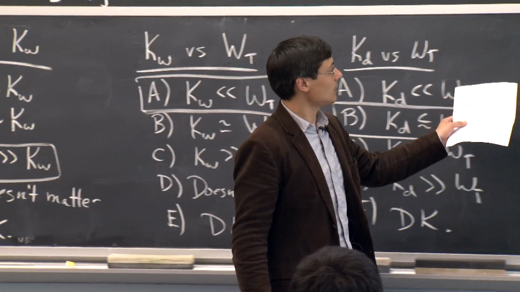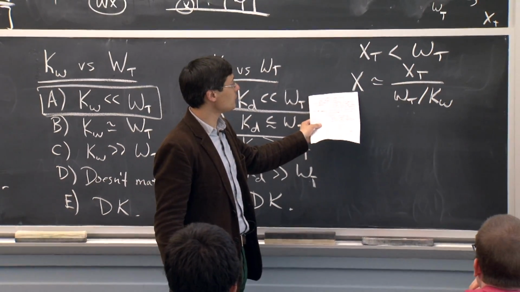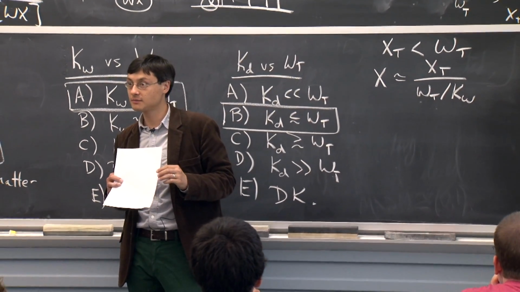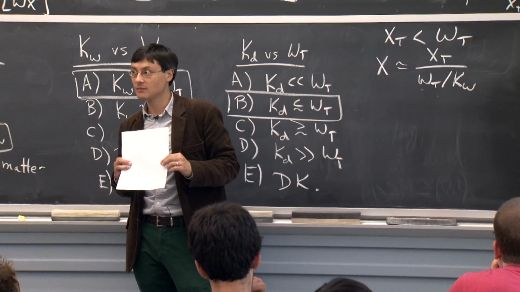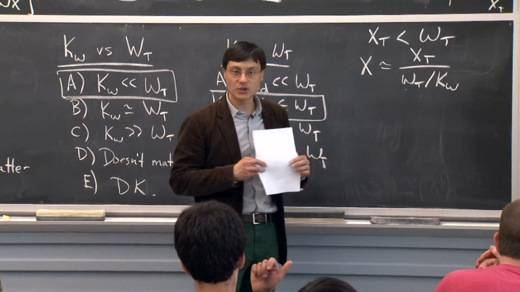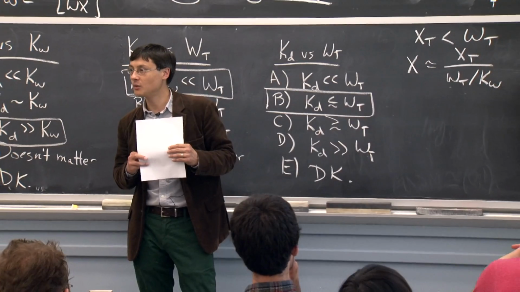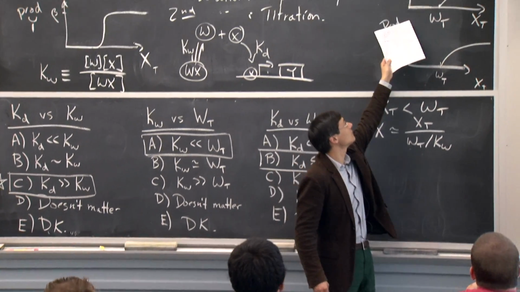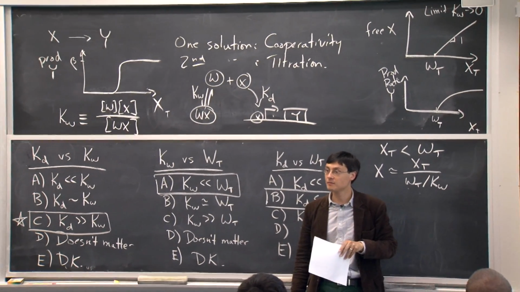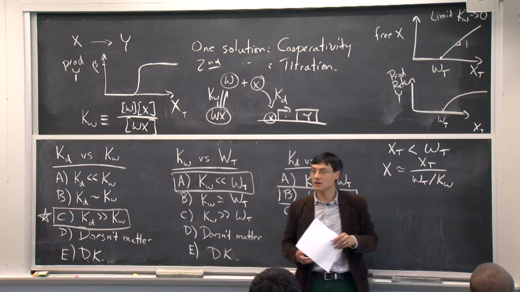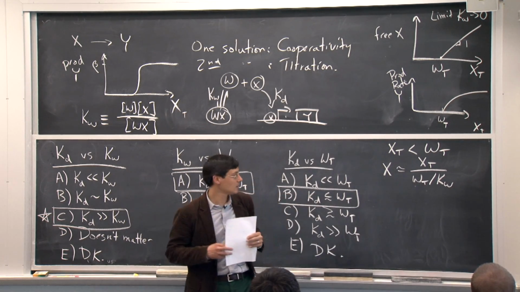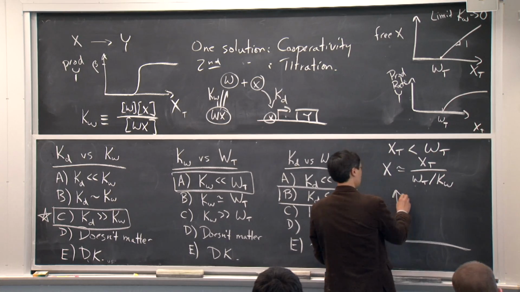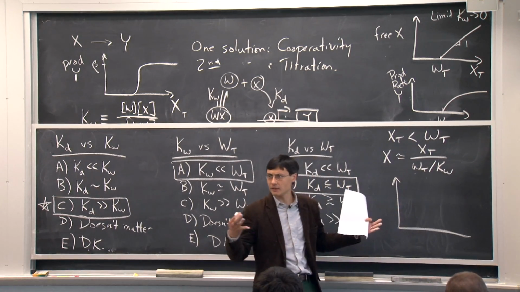All right, so incidentally, if you plot free X as a function of XT on a log scale, the question is what is it going to look like? We know that on a linear scale it looks something like that. Log is nice because you can get the full dynamic range of what's going on.